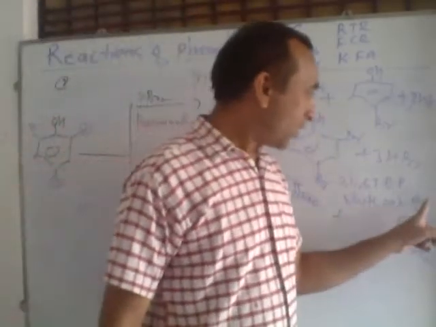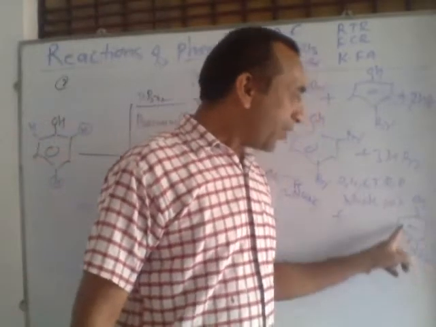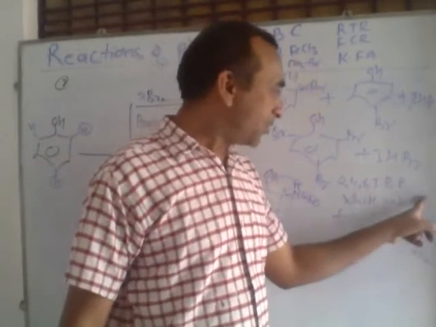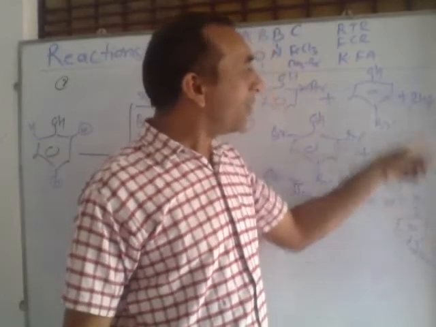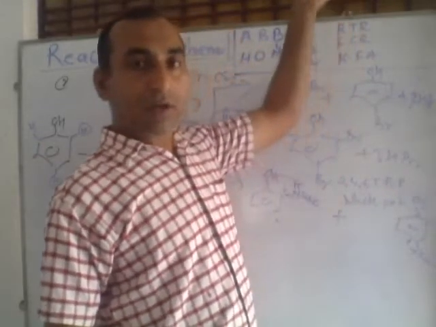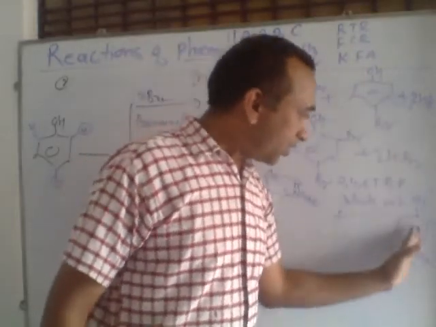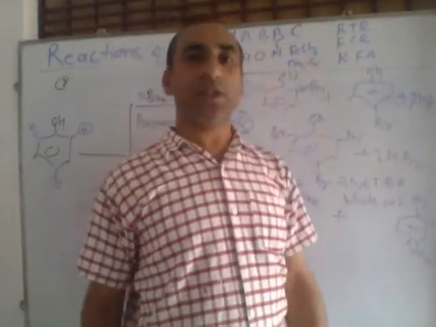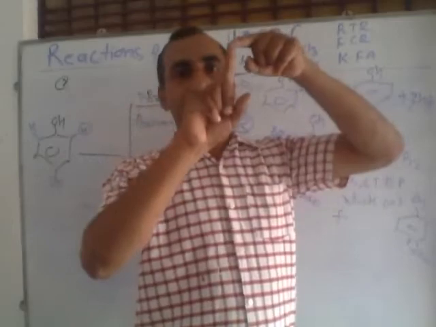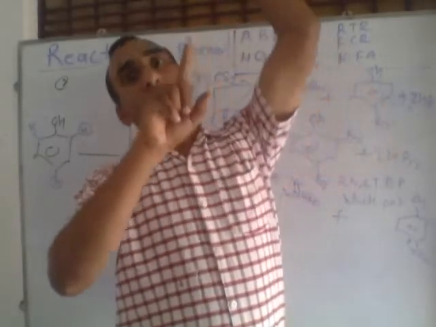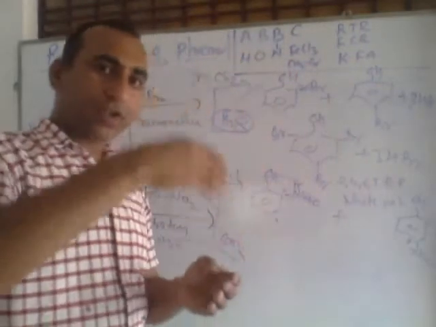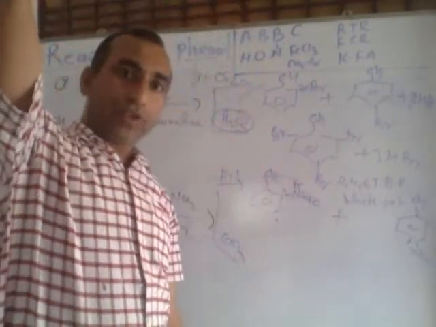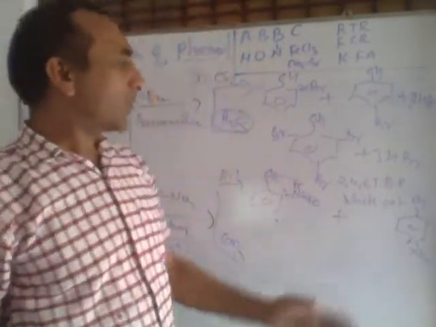But para-nitrophenol forms hydrogen bonds between the hydrogen atom of one molecule and the oxygen atom of another molecule. This process is called association. Suppose this is the hydrogen atom of one molecule and the oxygen atom of another molecule. They react successively and form association, a long chain.